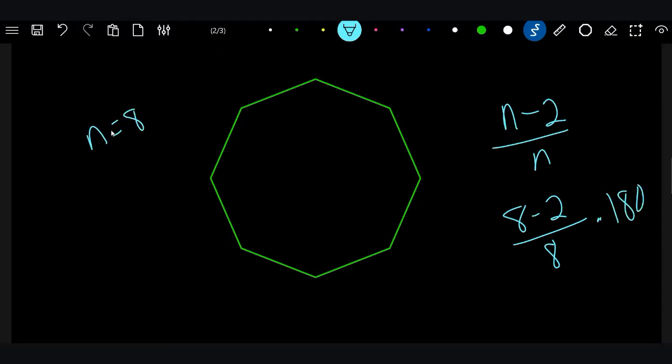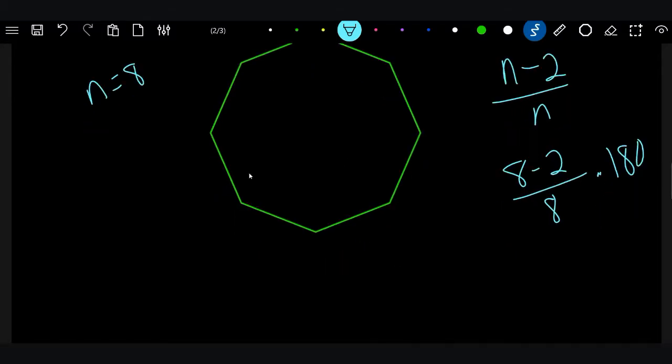That's what the formula says, because it says corollary 26.1: in an equilateral polygon of n sides, each angle is n minus 2 over n straight angles, or times 180, times a straight angle. So let's go ahead and do this. Let's put 8 minus 2 divided by 8. So 8 minus 2 is 6 over 8 times 180.